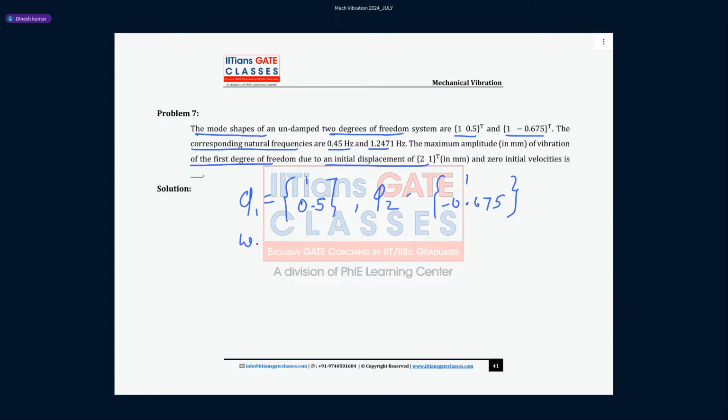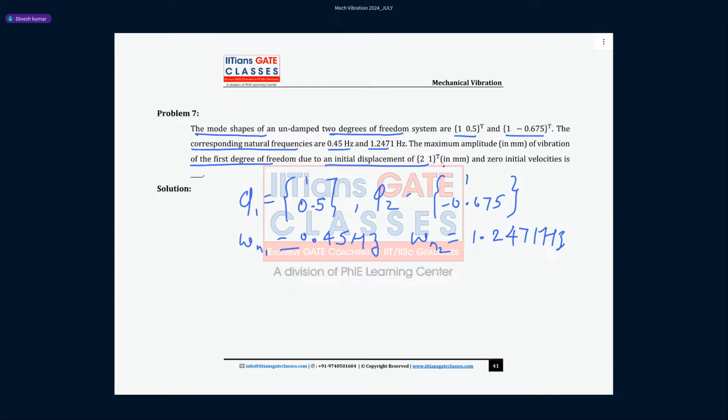And they gave omega n1, which is 0.45 hertz, and omega n2, which is 1.2471 hertz. Now guys, in this question there will be no requirement of all these data to solve this question.